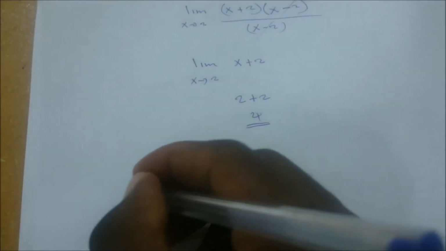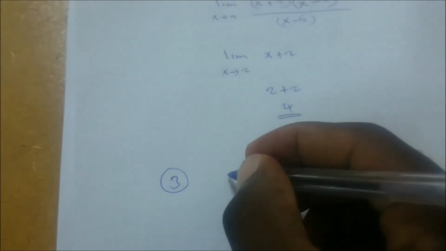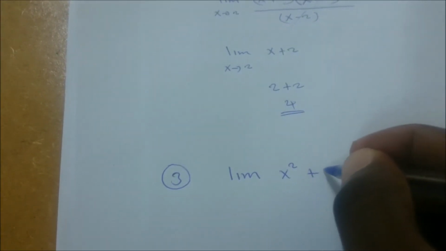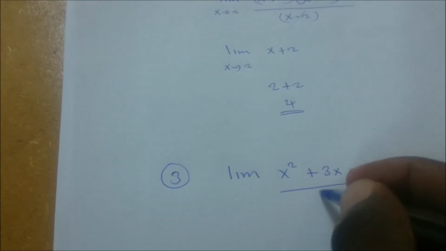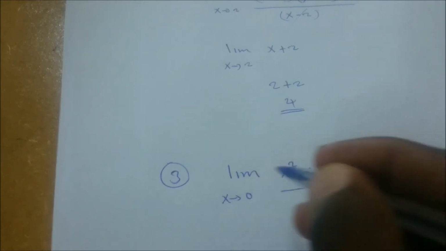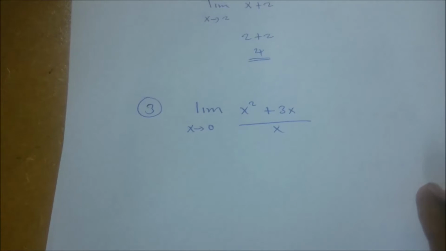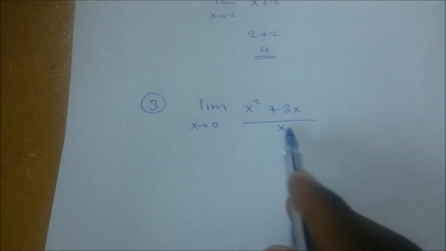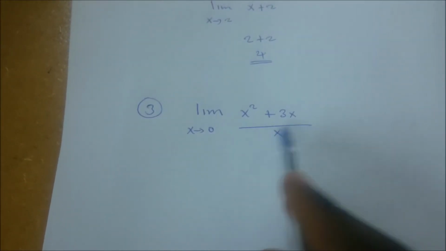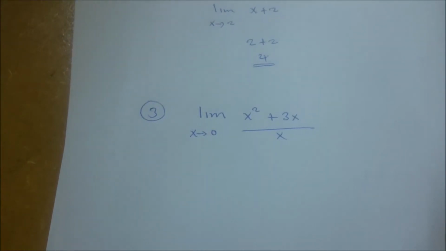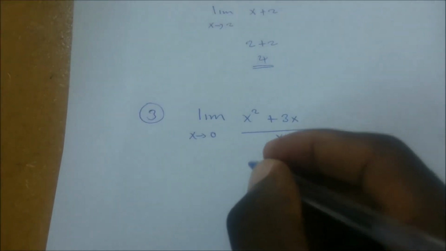Now something else. The limit of x squared plus 3x over x as x is approaching 0. What are you going to do here? Can you substitute? No, you can't. Can you factorize? You can factorize. What are you going to factorize? Factor out the x.